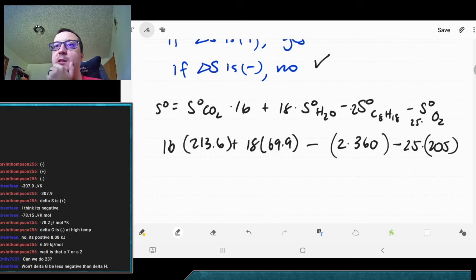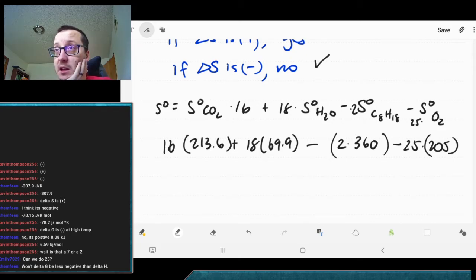So if we do this, it does look like it's going to be positive, actually maybe not. Well, let's see. I'm bad at the mental math. 16 times 213.6 plus 18 times 69.9 minus 720 minus 25 times 205.